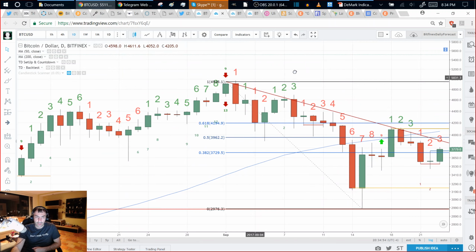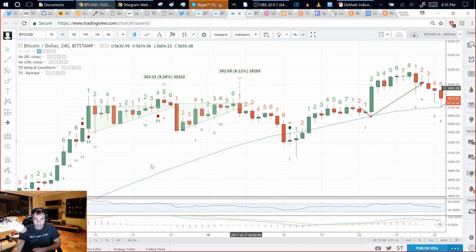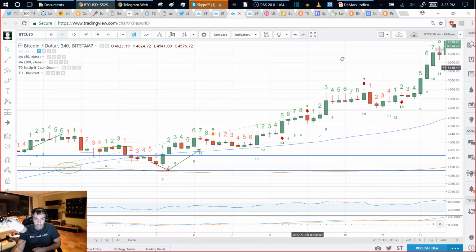So these are just some of the ways to try and time these trades. And again, you also have the lower time frame to help you. Like, this is 8/22. Let's take a look at the 4-hour on August 22nd. I don't know what to expect here, but we might as well.